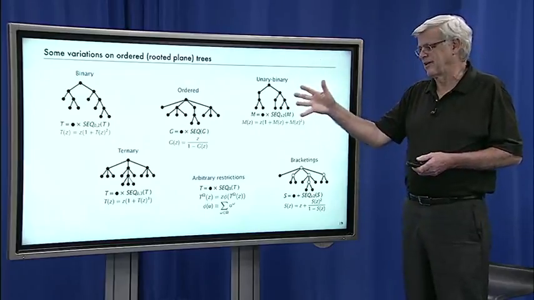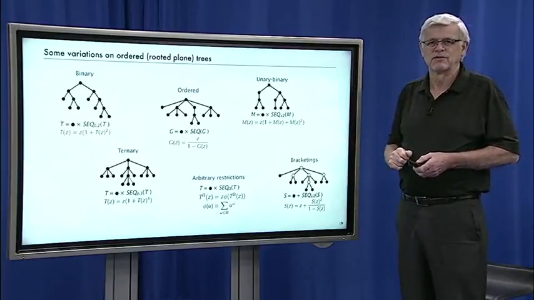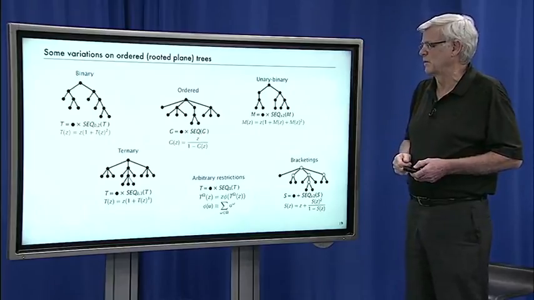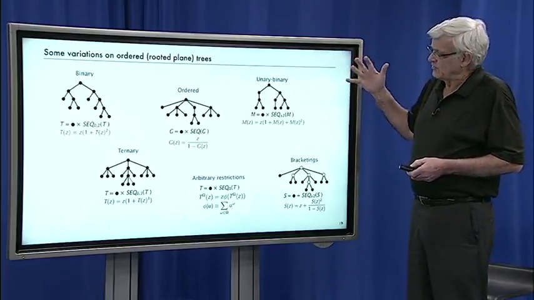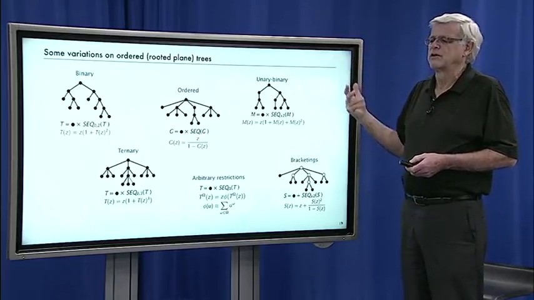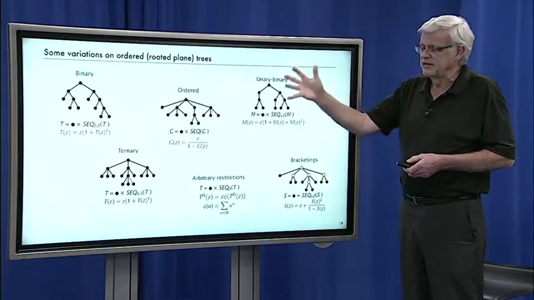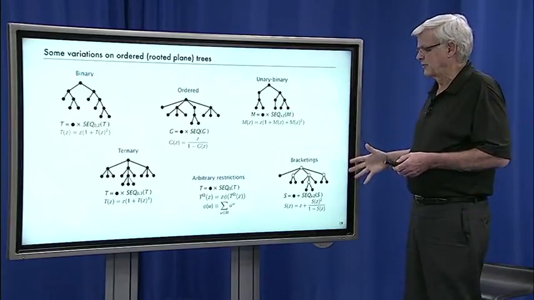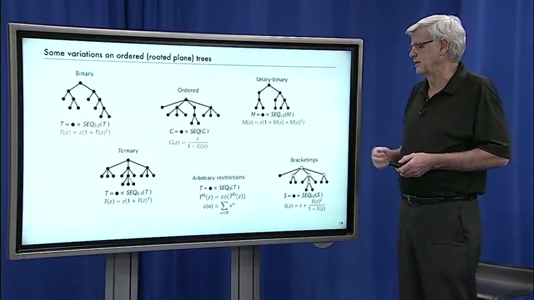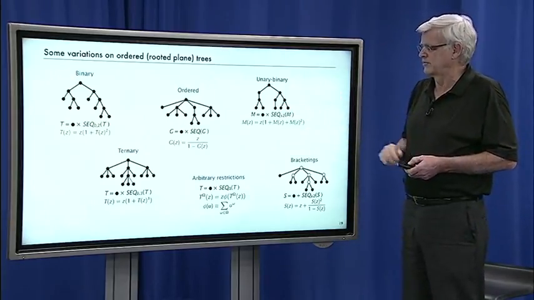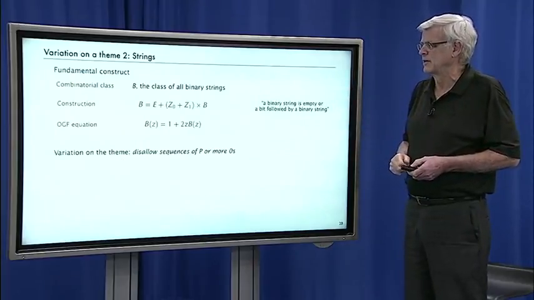There are applications for all of these sorts of things and for many more. So that's an illustration of the idea that we can start with a fundamental construct and get to variations that help us study a broad variety of things that are structurally similar.